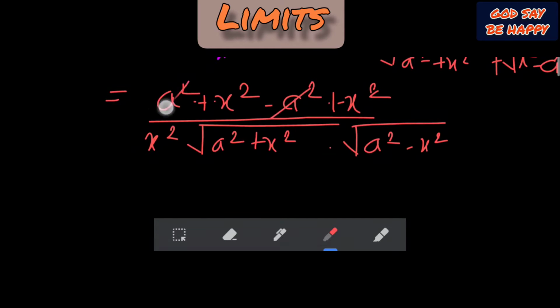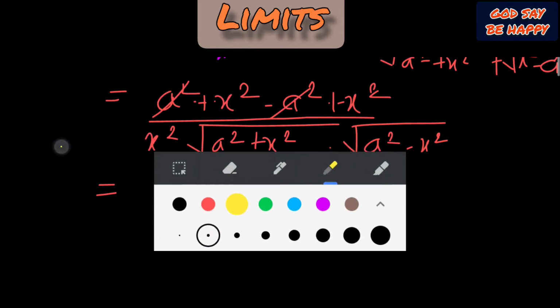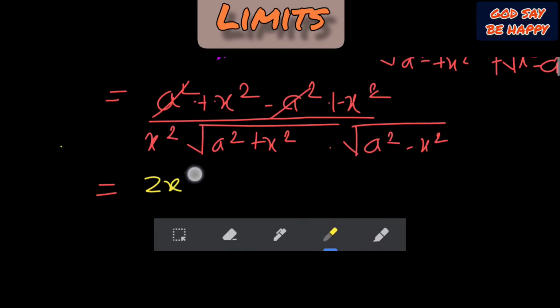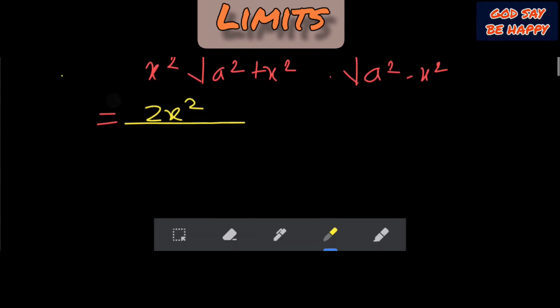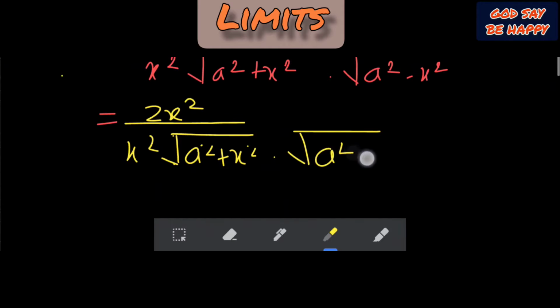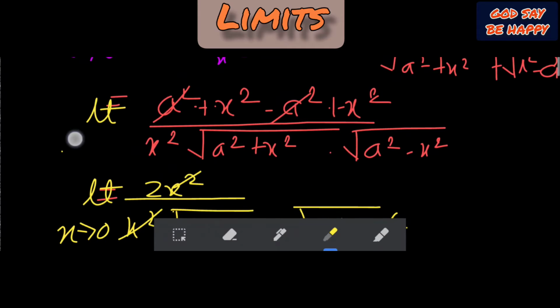This a square cancelled, so we have 2x square upon x square root a square plus x square plus root a square minus x square. x square cancelled. Now limit x tending to 0.